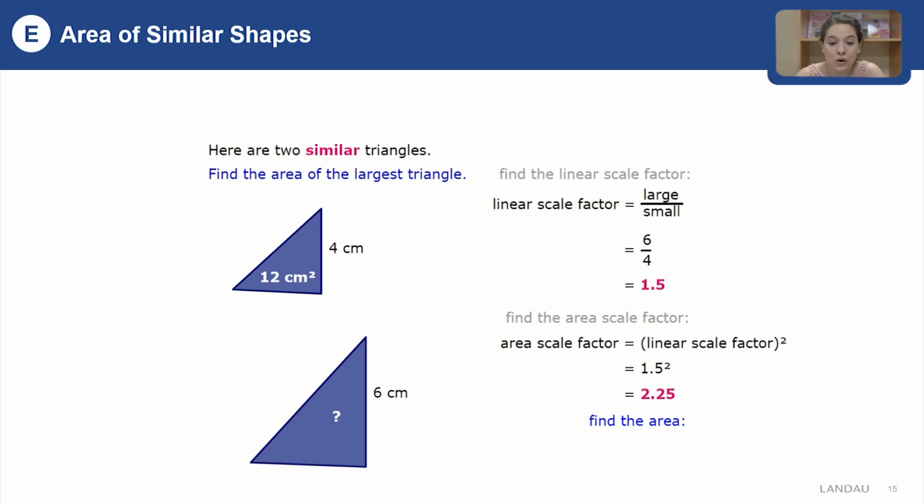Since the area of the small triangle is 12 centimeters squared, in order to find the larger one, we have to multiply 12 by the square of the linear scale factor, which is 2.25. And the final answer we will get is 27 centimeters squared. And that is the final answer we are looking for.